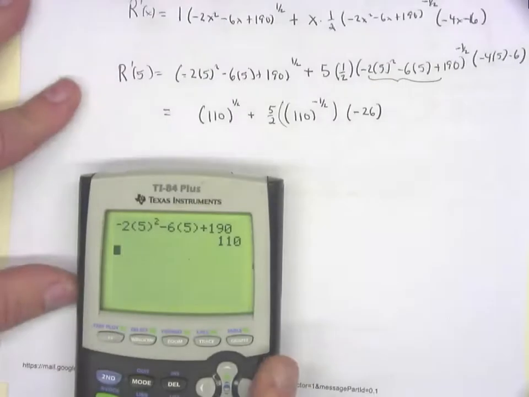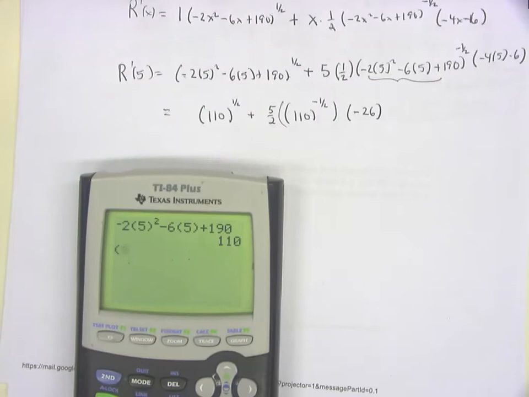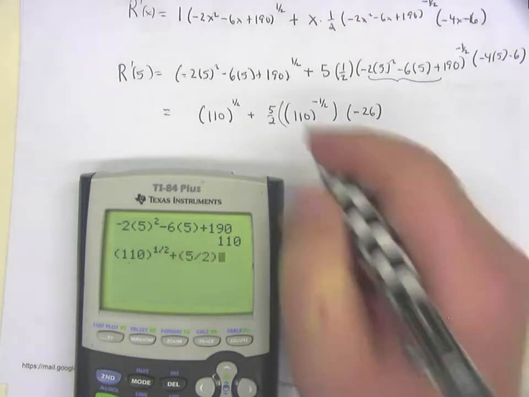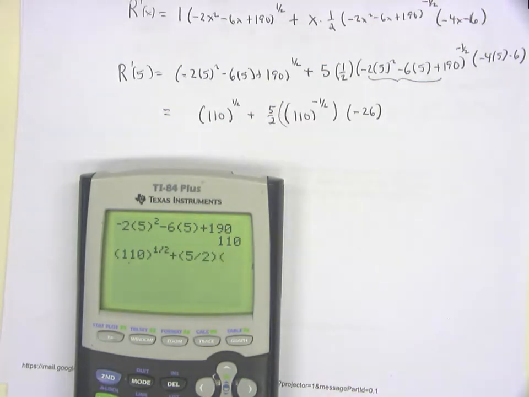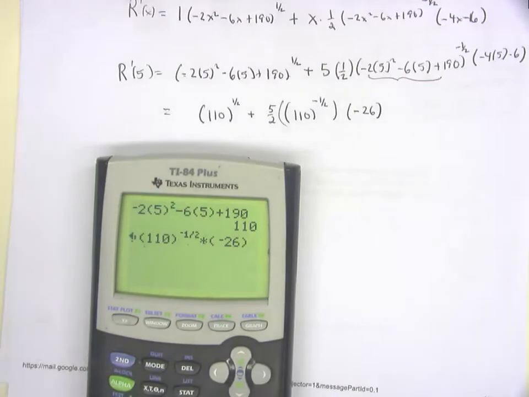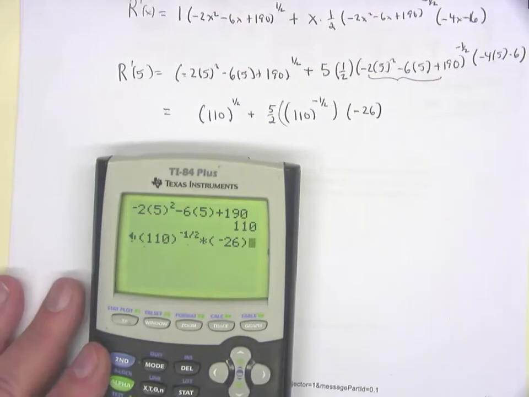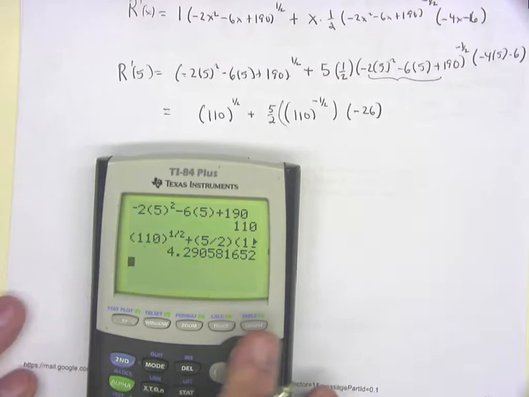So parentheses, 110 raised to the 1/2 power plus, parentheses around fractions, 5 halves times 110 raised to the negative 1/2 power over, and then that times negative 26. So I literally just parted it a little bit just to get me some nicer numbers. And then what do I get?